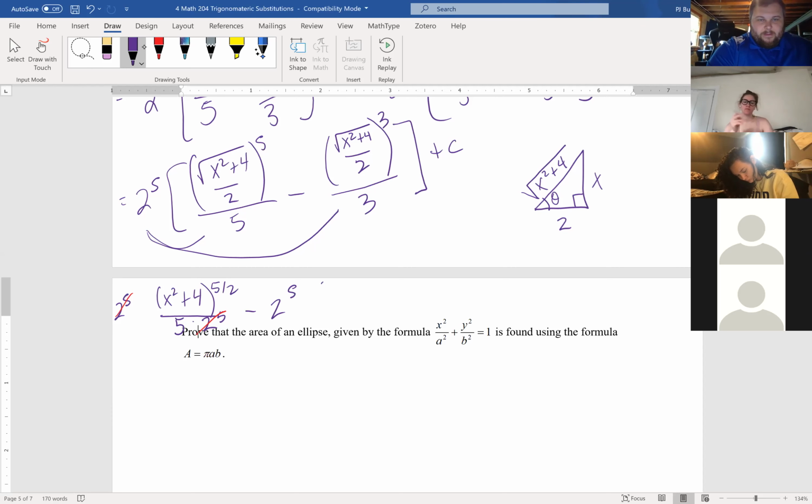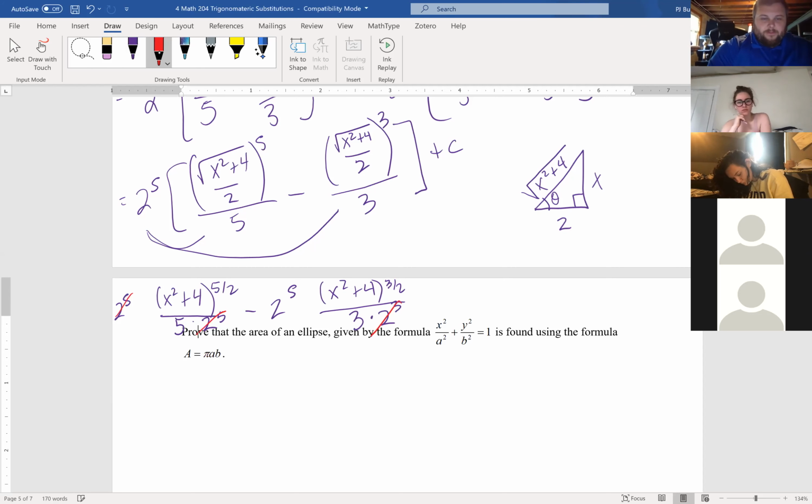This one's going to be x squared plus 4 to the 3 halves, because it's to the 3rd power and a square root. It is still divided by 3, and this one has 2 cubed.